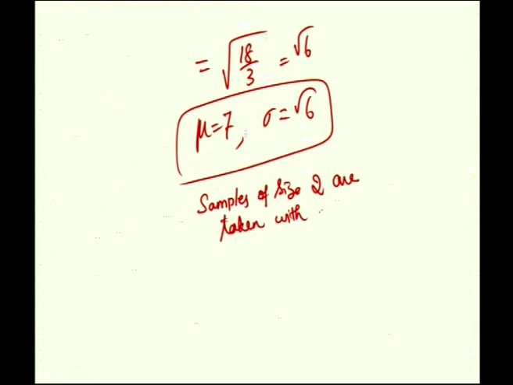So, what are the possibilities, and what are their corresponding averages that we have to calculate? These are the samples of size 2 and their corresponding x bar.